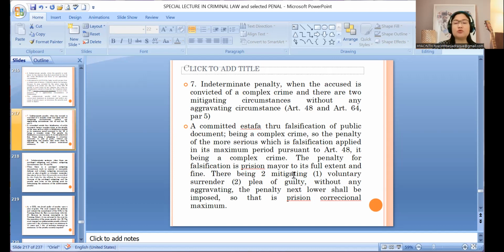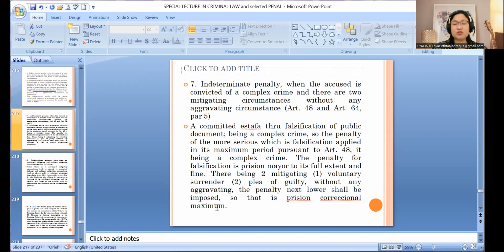And there being 2 mitigating, voluntary surrender and plea of guilty, without any aggravating, the penalty next lower shall be imposed. So our prescribed penalty now shall be prisión correccional in the maximum period as the maximum of the indeterminate penalty. Why maximum period?